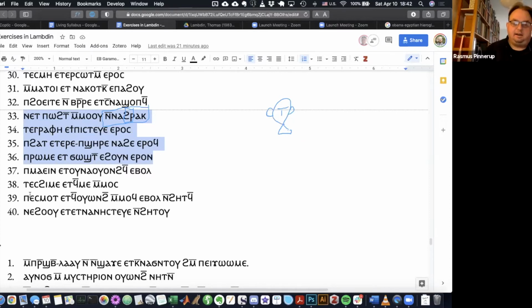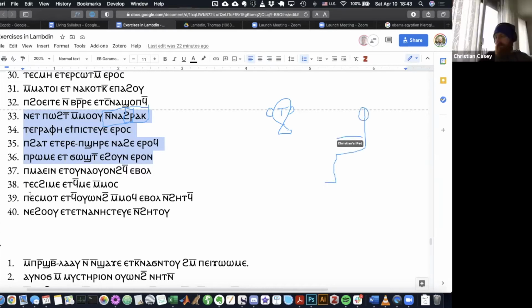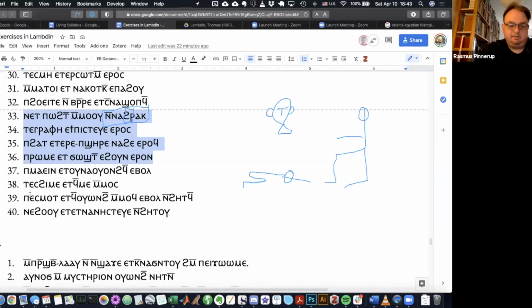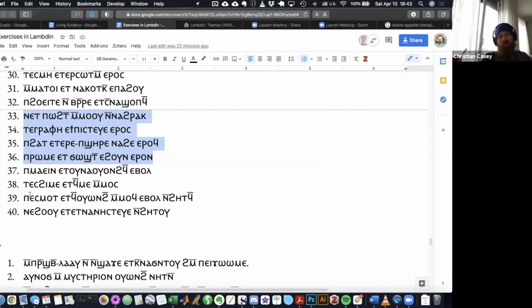So it's like before you, but it's in your presence. You can imagine, like, to your face, like an important, noble type person. And what this word pohet actually means most often in Egyptian texts is something like this. So bow is really not a great translation because they didn't do bowing, they did prostrate. I always translate it as kowtow because it gives me an opportunity to say the word kowtow, which is really fun.